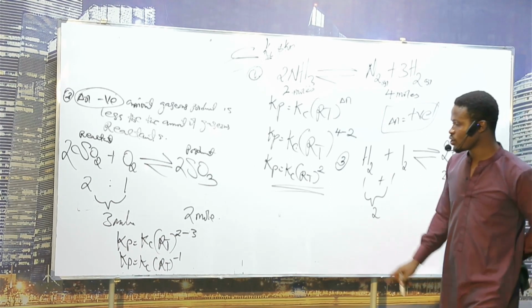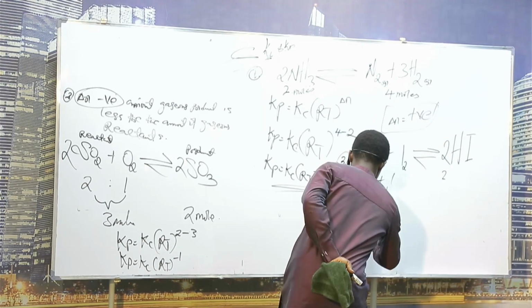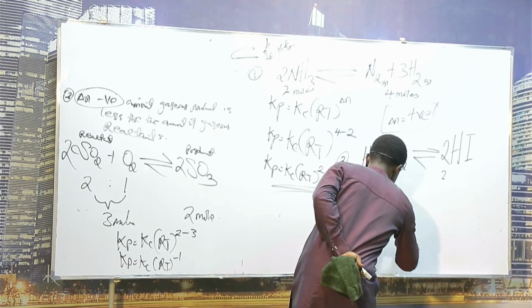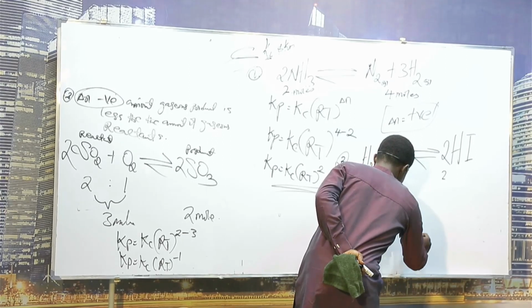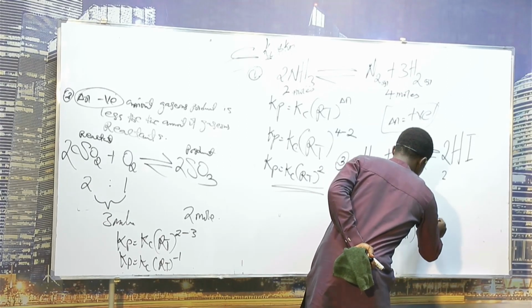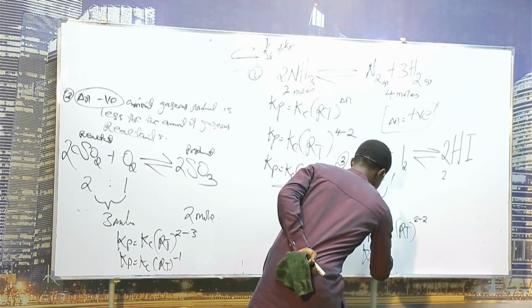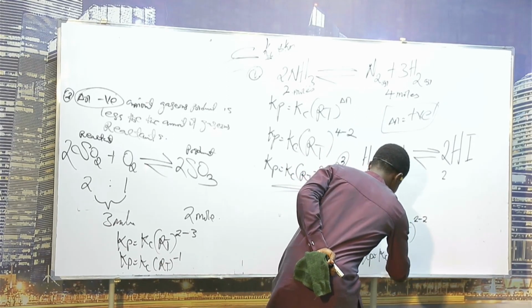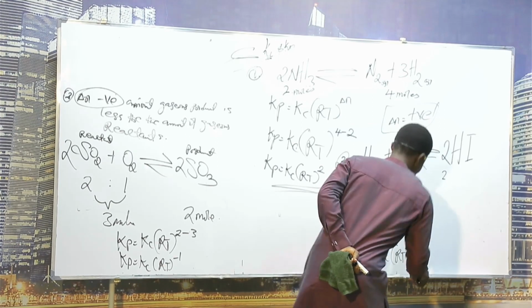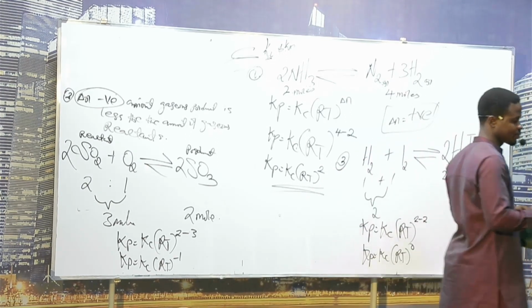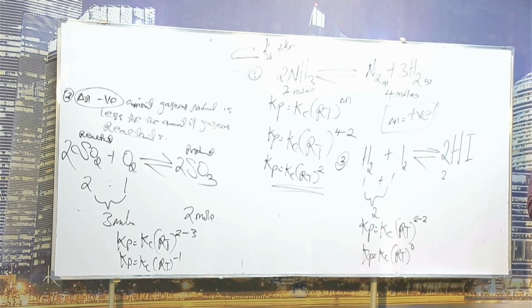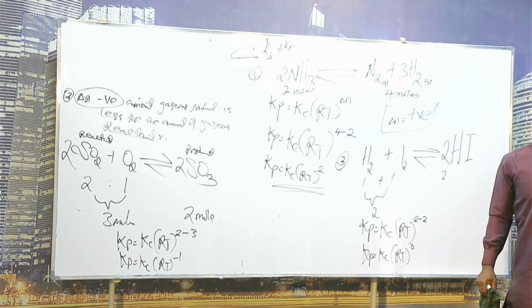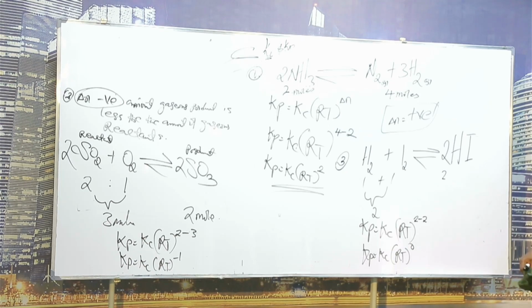So what is this going to be? Kp is Kc (RT) to the power 2 minus 2, which is zero. So they will ask you in the exam, when is Kp equal to Kc?